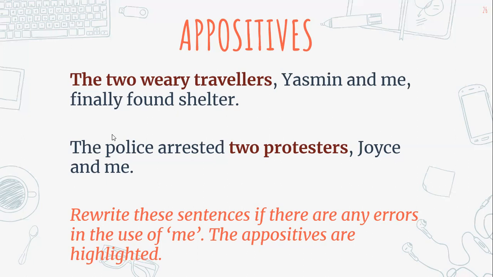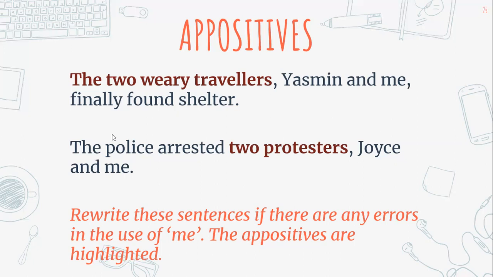Second example, the police arrested two protesters, Joyce and me. This sentence is correct because Joyce and me are the objects of the sentence. Of course, the police is doing the action, so the police is the subject.